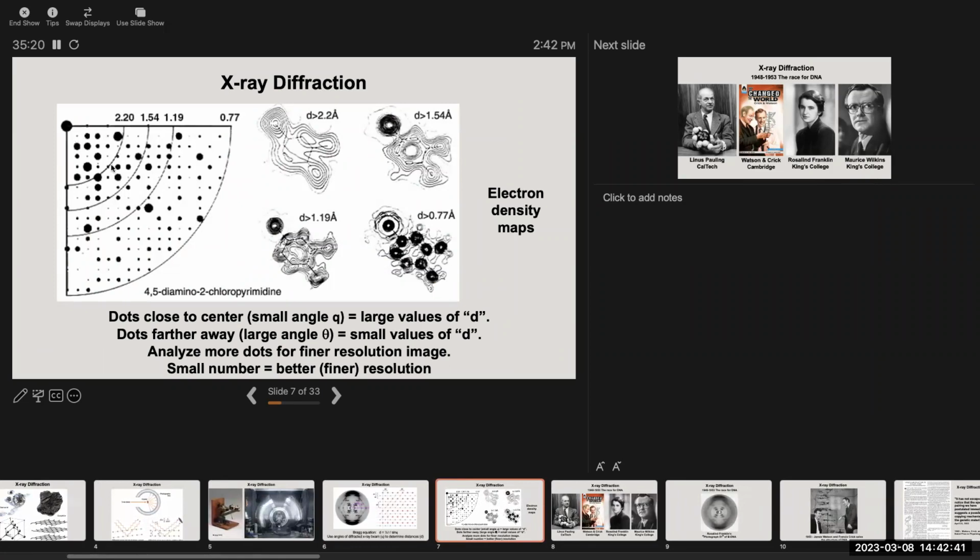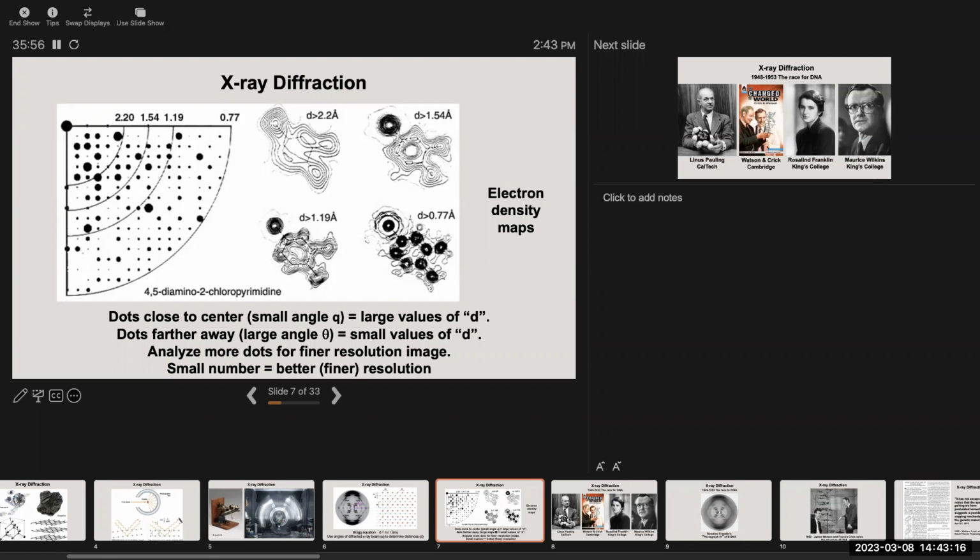Well, if you put a very small value for theta into that Bragg equation, you get a larger value of d. So what that means is the dots that are closest to the center of the X-ray diffraction pattern represent large values of d, atoms that are spaced farther apart in the repeating pattern of your crystal.